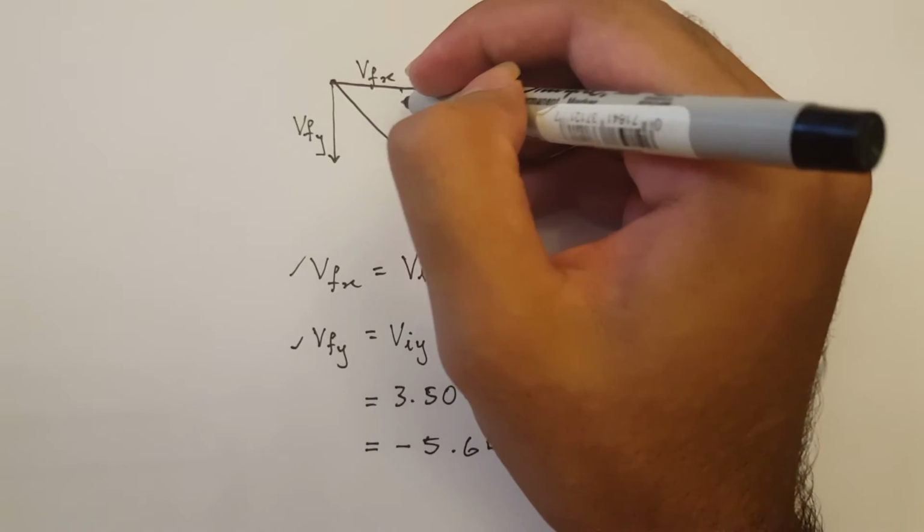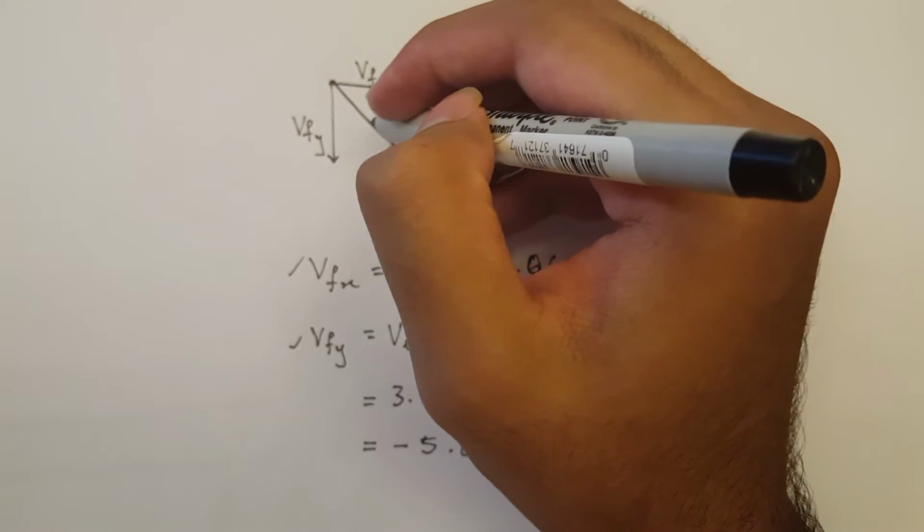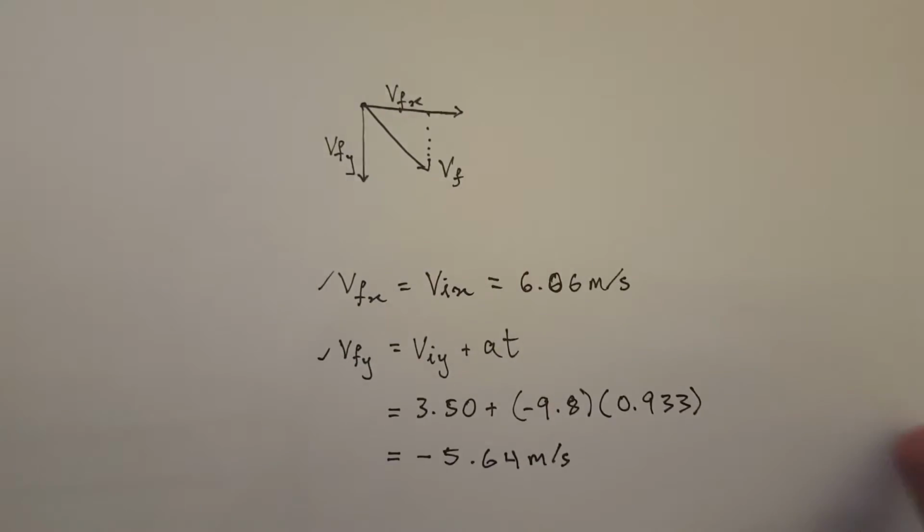Alright, so here you can see that you already have Vx, Vy. Now you just need to treat this like a triangle, okay? And then you use your Pythagoras theorem in order to find Vf.